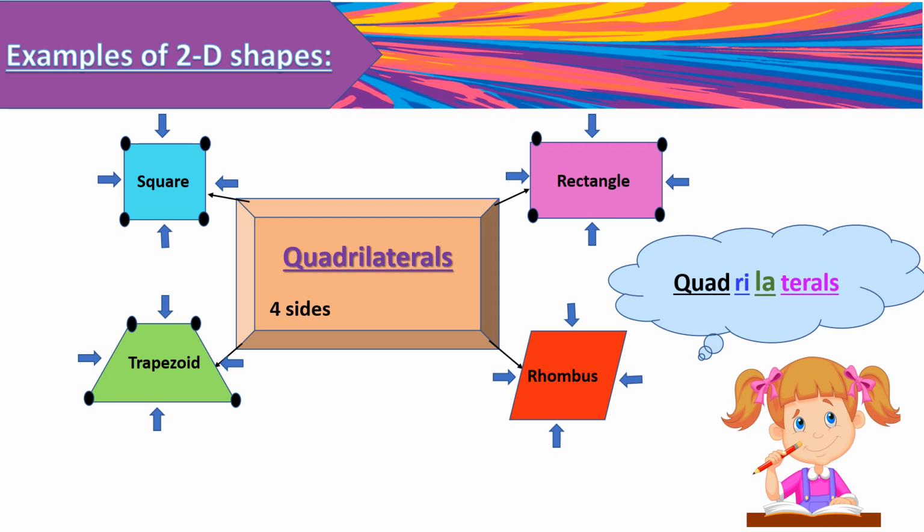And rhombus. 1, 2, 3, 4. So all of them have 4 sides and 4 vertices. So they are called quadrilaterals. Any shape with 4 sides and 4 vertices is called a quadrilateral.